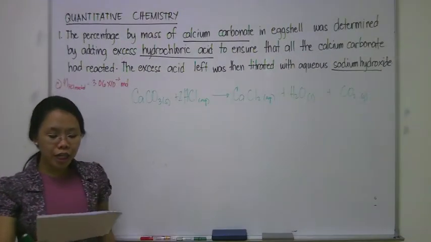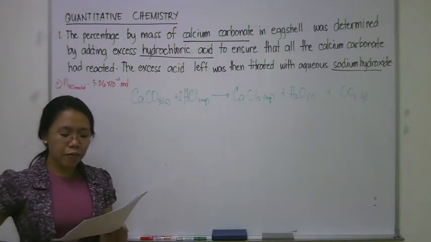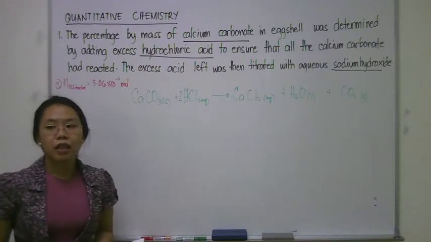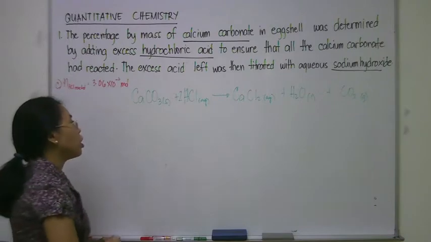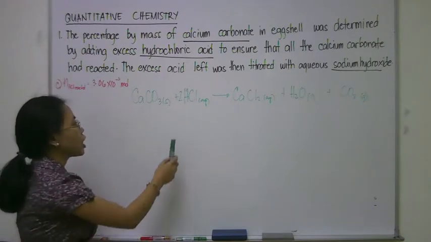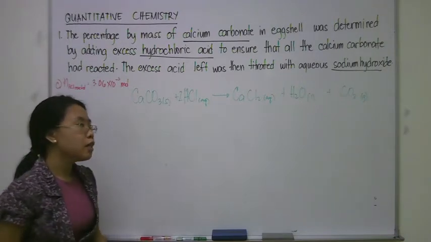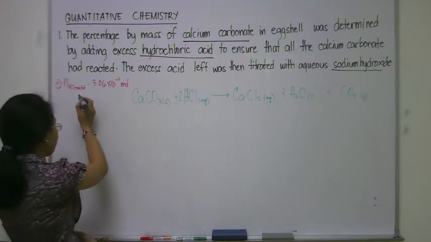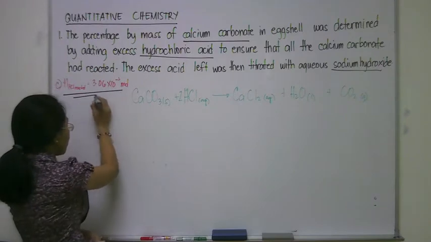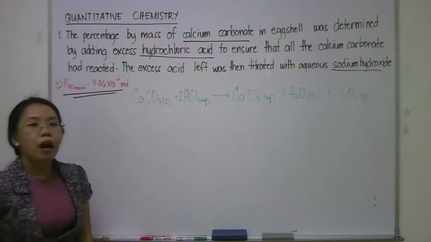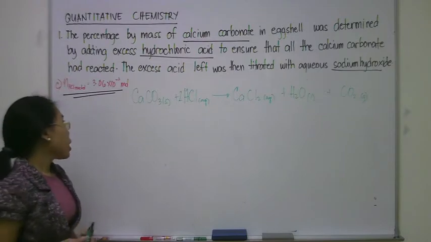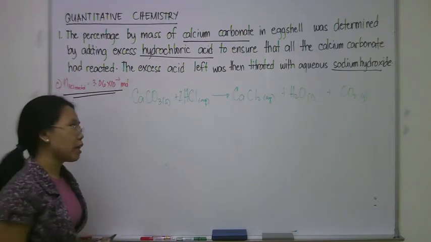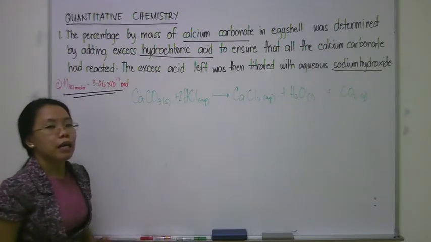Okay, for letter E, you were asked to calculate the amount of moles of calcium carbonate in the sample of the eggshell. And we know, based on the equation, that 2 moles of HCl will react with calcium carbonate. And from earlier, we gathered that 3.06 times 10 to the negative 3 moles of HCl is actually reacted with calcium carbonate.